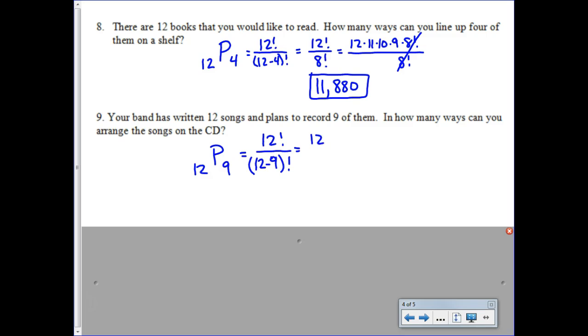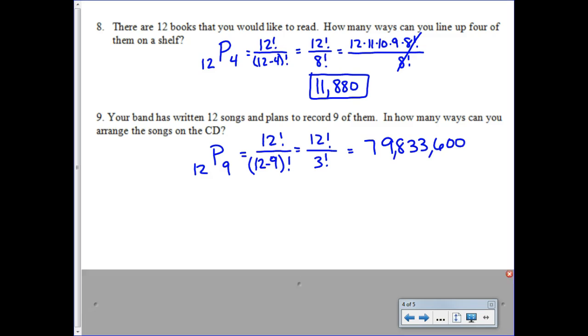So 12 factorial over 3 factorial. And we get 79 million different ways.